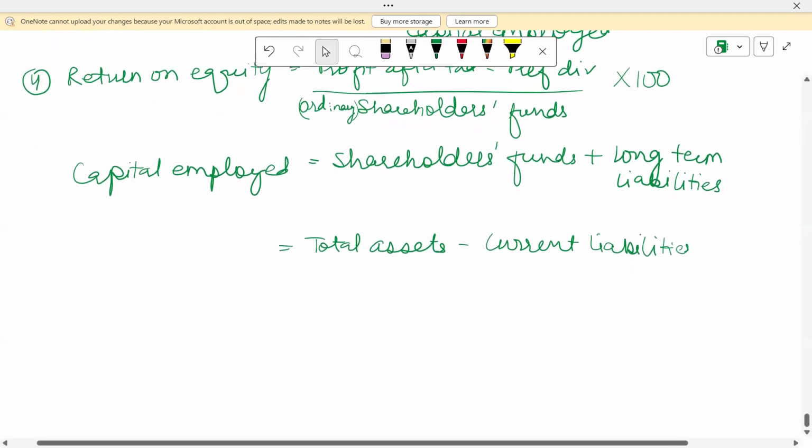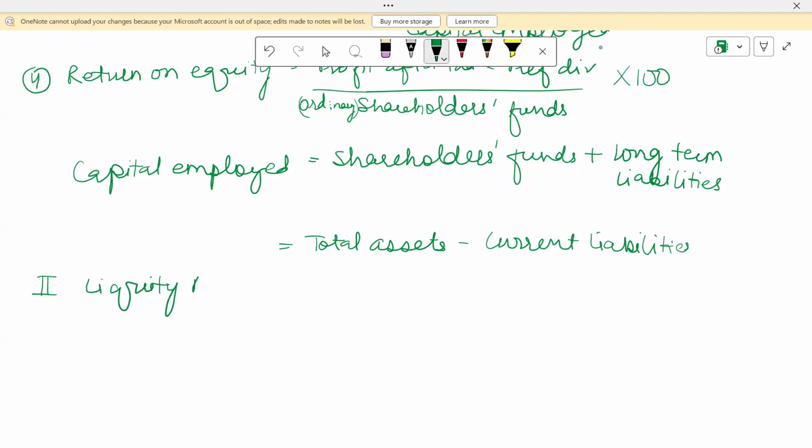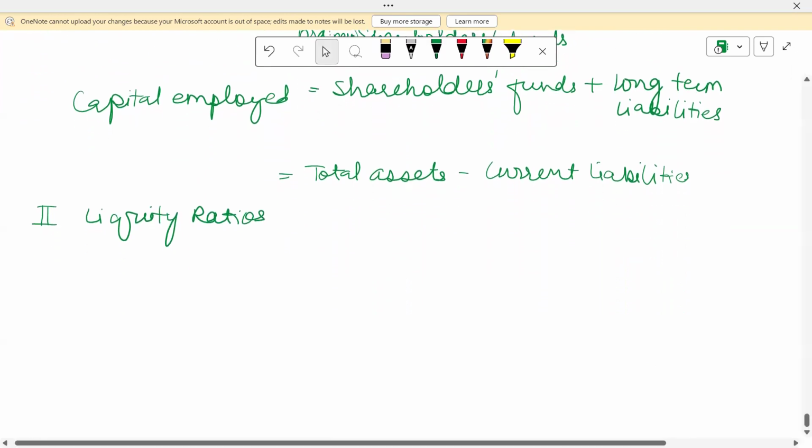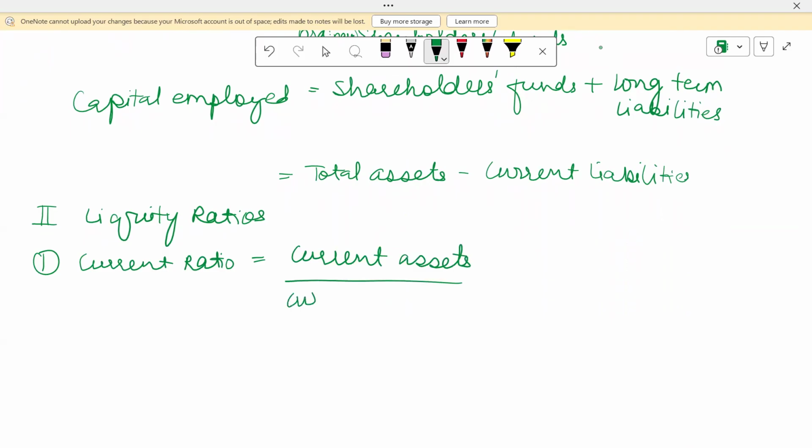Then the next type of ratios are liquidity ratios. Under liquidity ratios, we have only two. First is the current ratio. Current ratio is nothing but your current assets divided by your current liabilities.